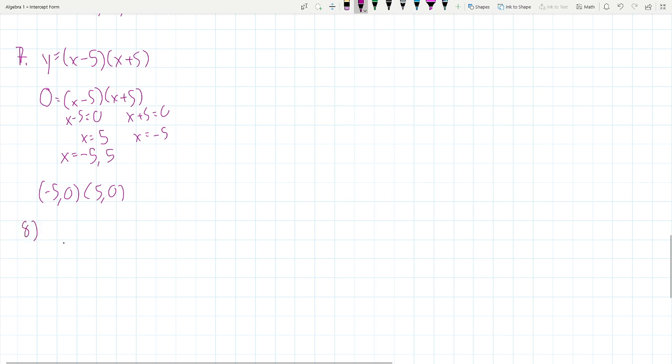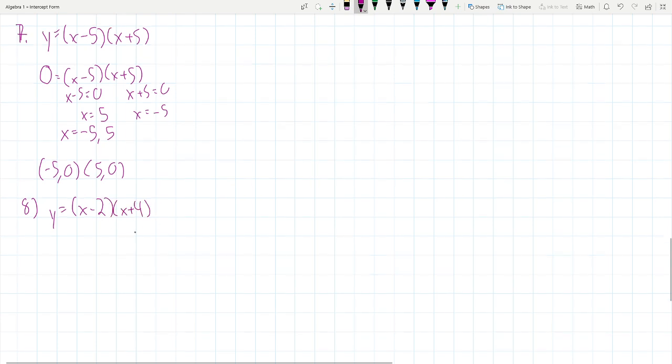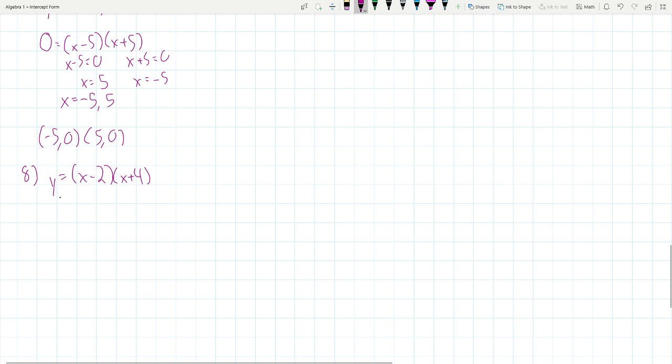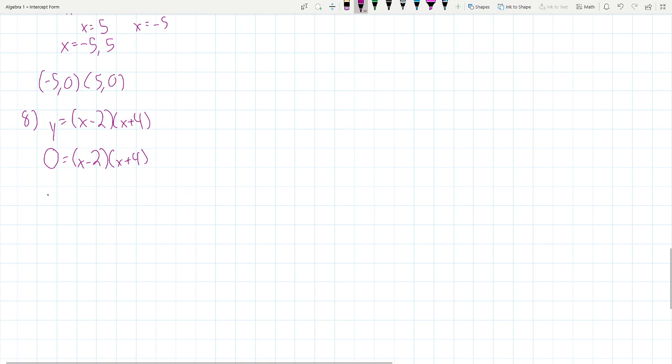All right, number 8, we're given the equation y equals x minus 2, x plus 4. From there, I'm finding when it's on the x-axis, so when y is 0. And so I have x minus 2 equals 0, and x plus 4 equals 0. So x equals 2, and x equals negative 4.